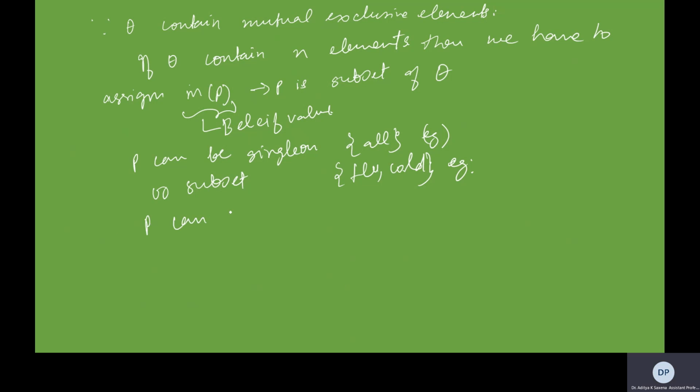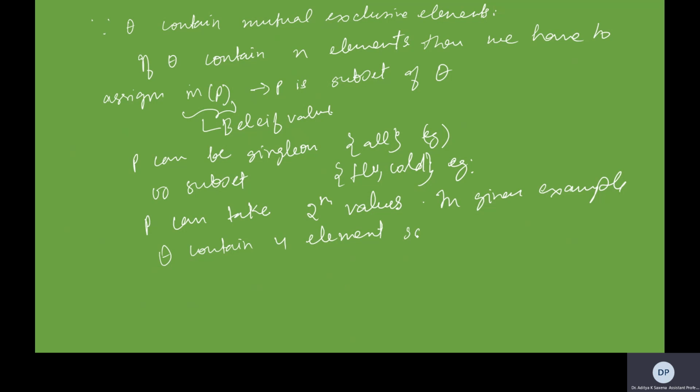P can take 2 raised to the power n values, that is a total number of subsets, if we have n elements in theta. In the given example, theta contains 4 elements.